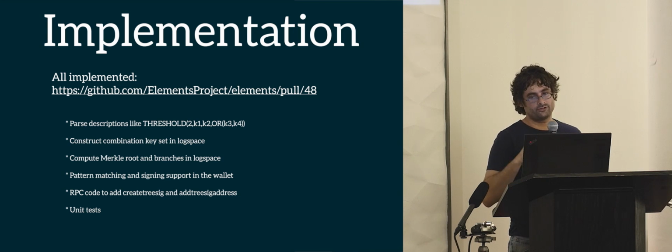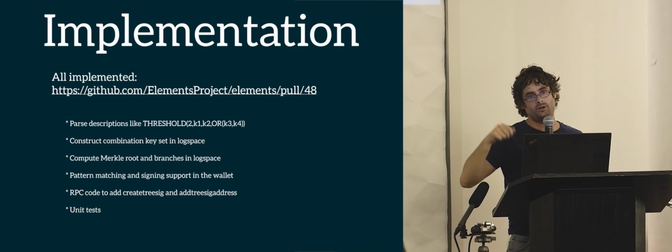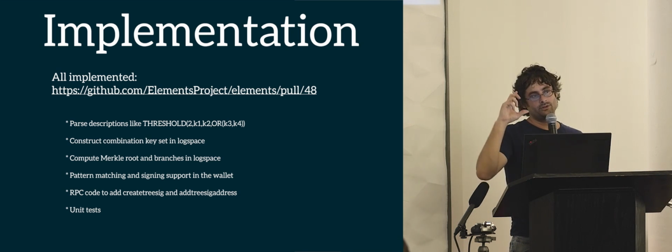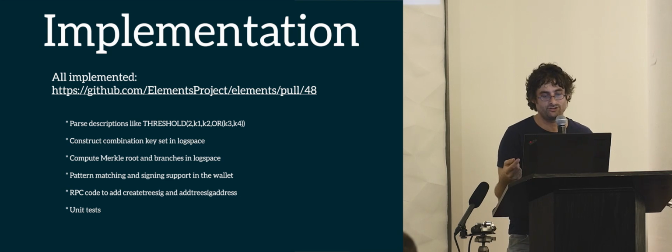How this works is it iterates over your description tree to produce one by one the different combinations in a lazy way. And then there's a Merkle root and branching algorithm that will consume these to produce a Merkle branch of a Merkle root, and never keep all of them in memory at the same time.